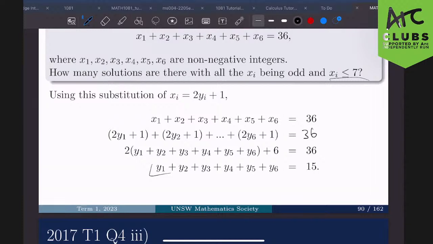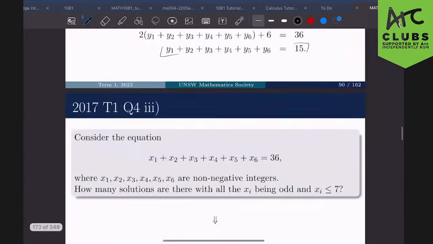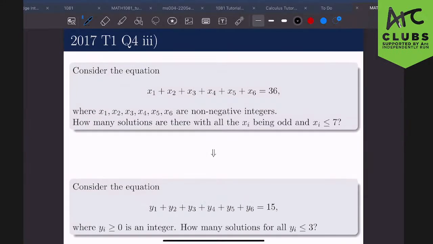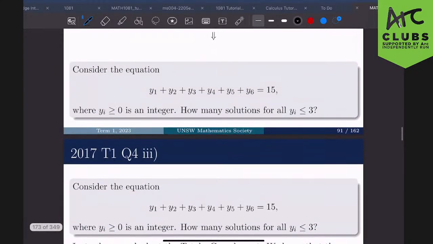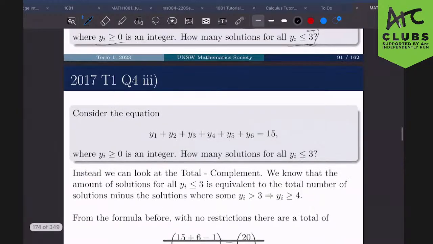Like, you're just subbing in for each individual xi, and then we can just simplify the equation to get this. So I think that's straightforward. And yeah, so now we can kind of rewrite our question as this. Now that it's in this form, it's a much more familiar form, and obviously this is the converted version of x is less than or equal to 7. So moving on.